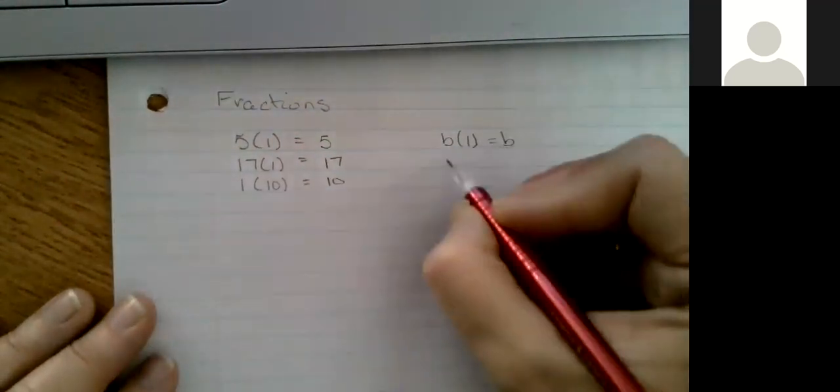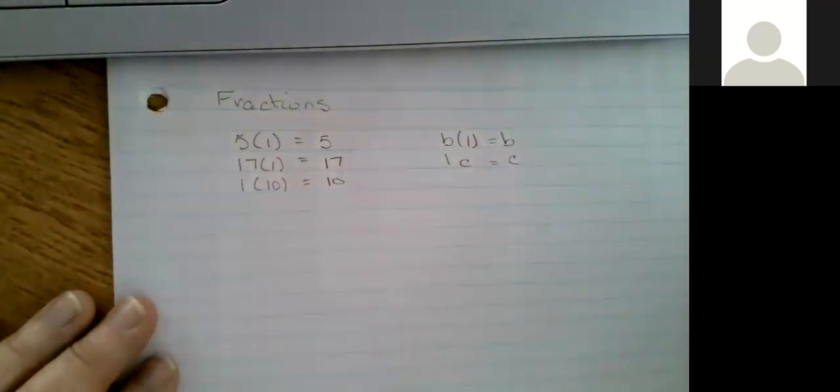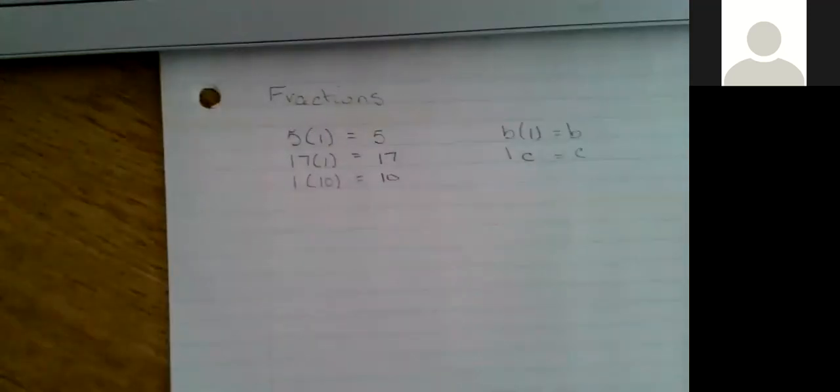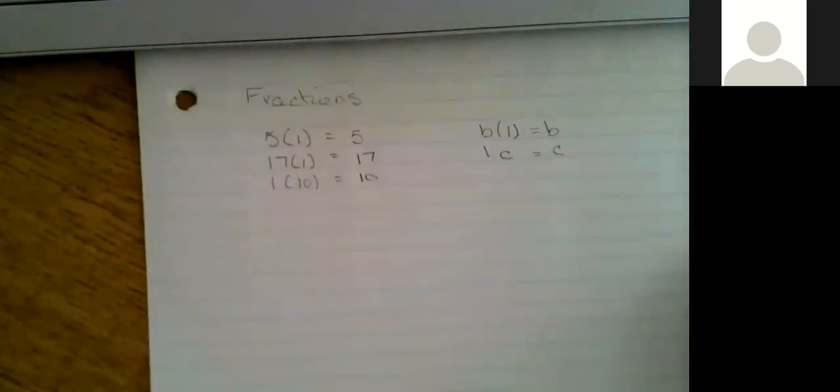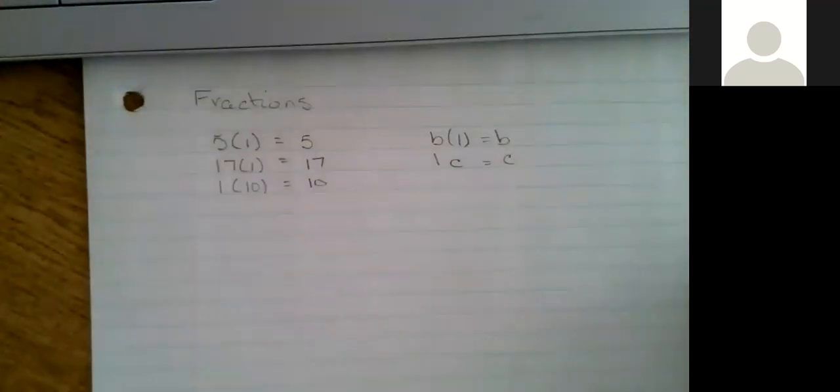And that also applies to variables. So b times 1 is just plain old b, or 1c is equal to c. So that's the first thing we have to know. 1 times anything doesn't change the value.